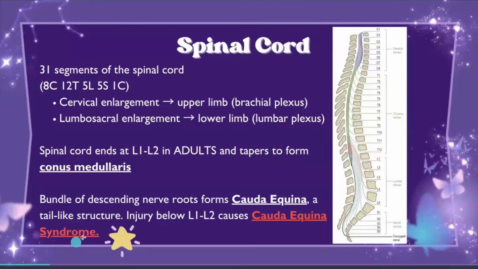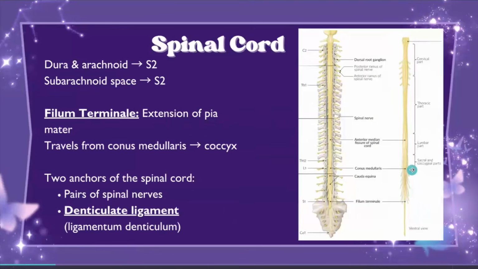I will go over this a little more in the spinal lesions lecture, inshallah, or the spinal lesions segment. But know that any injury below the level of L1 to L2 would cause cauda equina syndrome, and it would cause saddle anesthesia, okay?